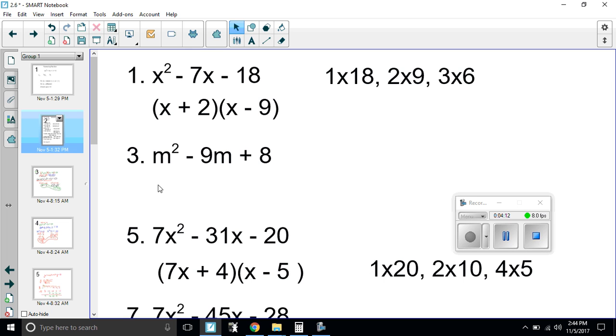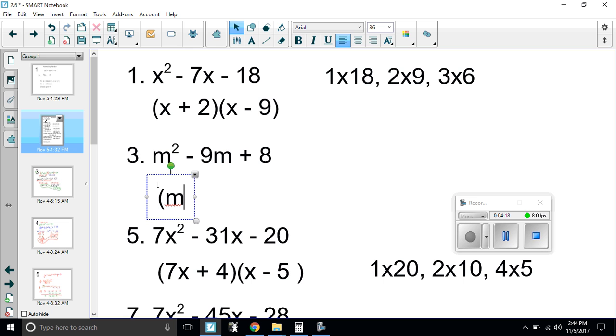Again, a is a positive 1, so that makes things a little bit easier. So I know the first term in each factor is going to be m times m, because 1m times 1m gives me m squared. The c term is positive, which means my signs are going to be the same. So I look at b, and that's a negative, so both of my signs are going to be negative.